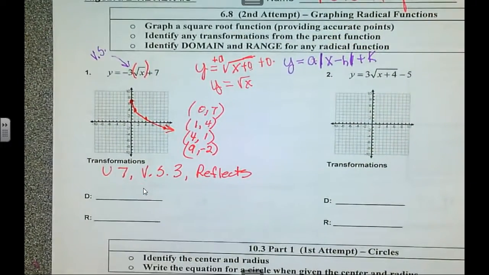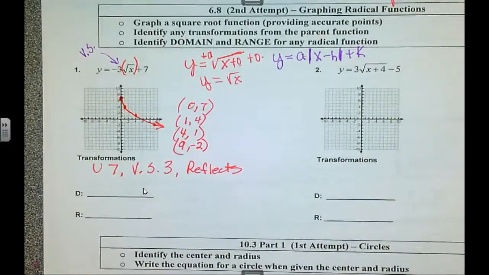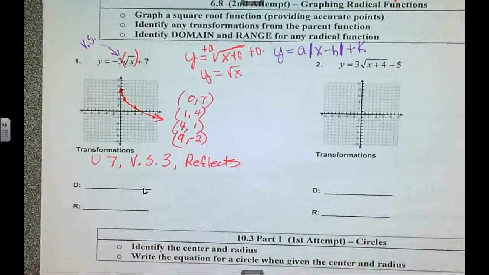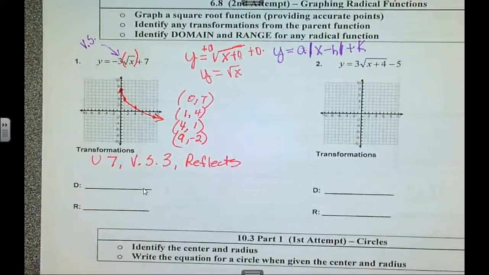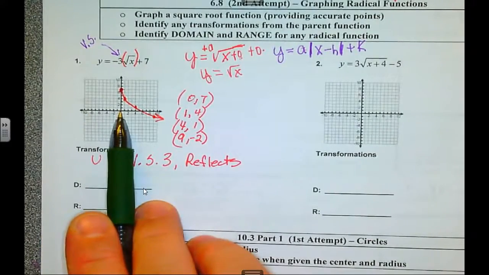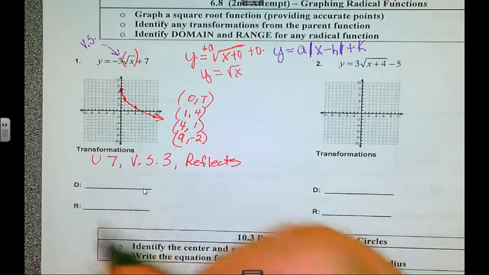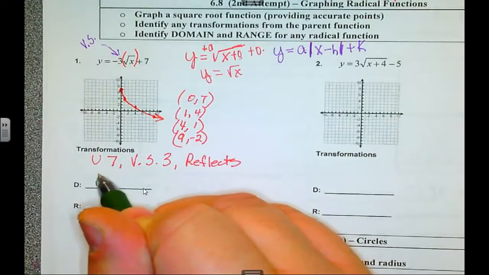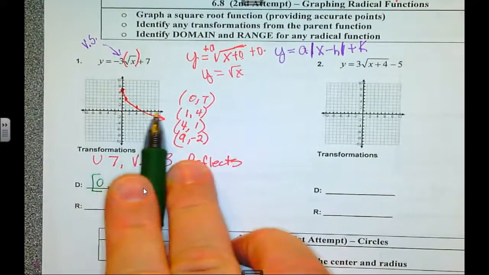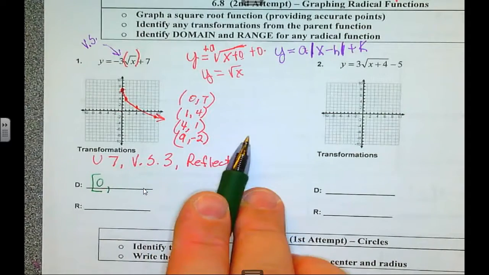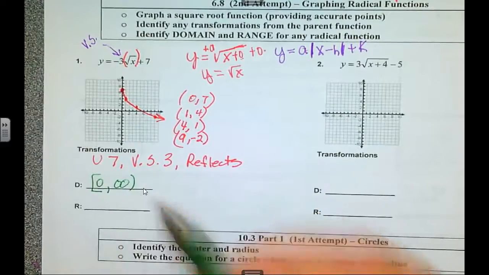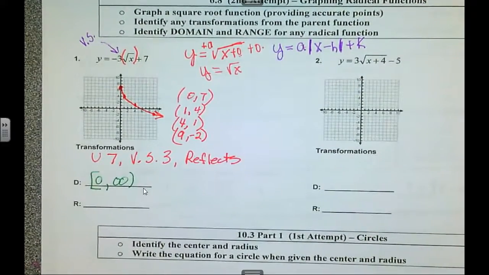Okay, that fourth point really kind of helps. What's my domain? Domain is the x values, right? Where does it start on my x-axis? At when my x is 0. Good. It includes that point, so I'm going to use a bracket. But then I look at my x-axis, and it goes on forever and ever and ever. So it's infinity. Parenthesis.